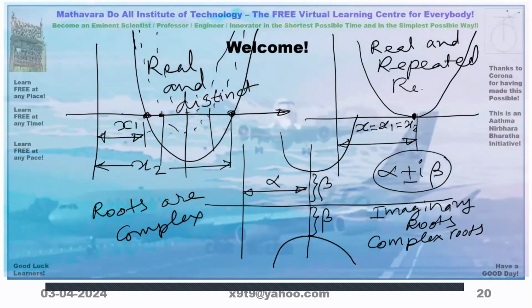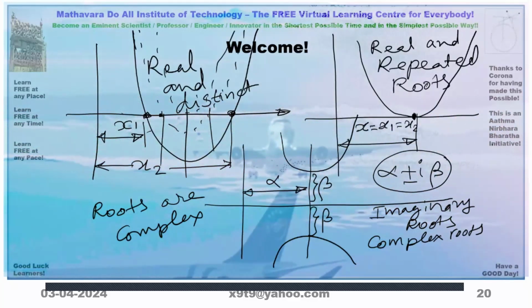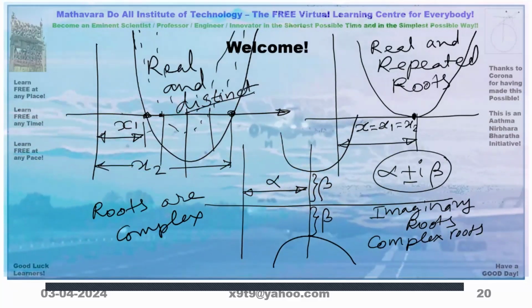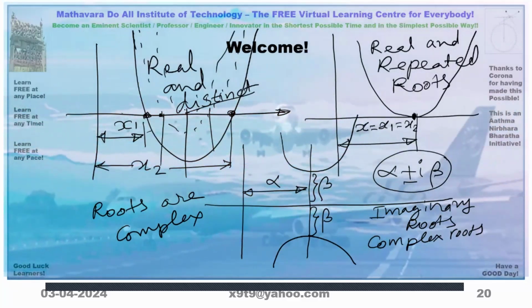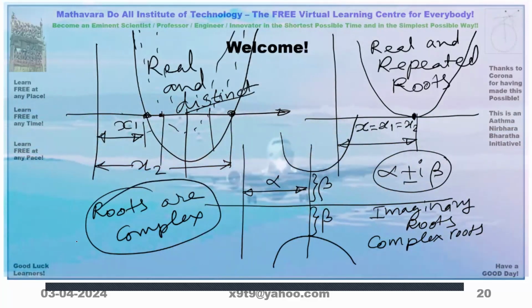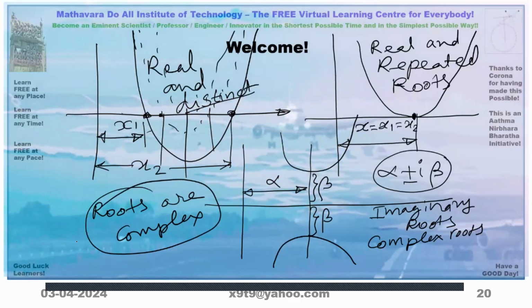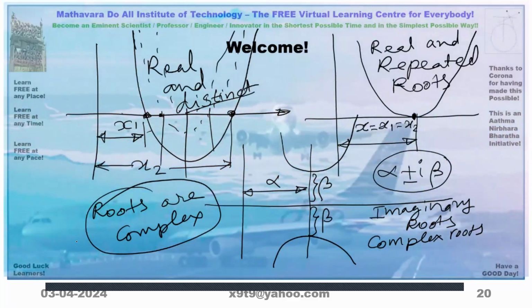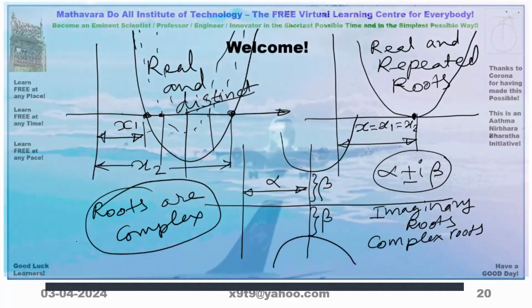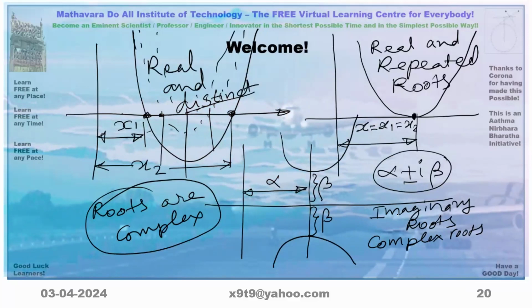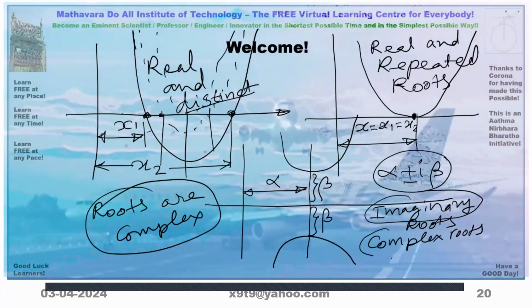Real and repeated roots. In this one, it is real and distinct roots. They are separate. In this case, roots are complex. That means they will not intersect really at any point. But instead of saying they do not intersect, we introduce the concept of what is called imaginary roots or complex roots.